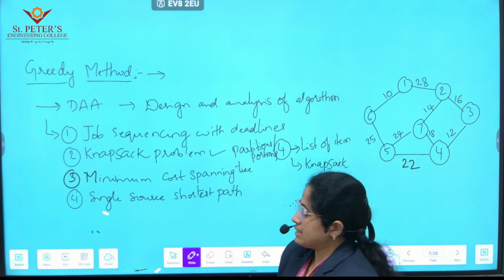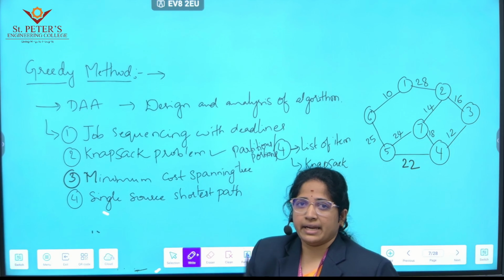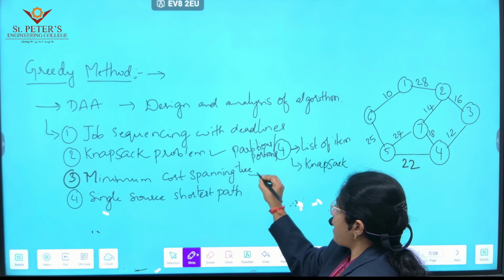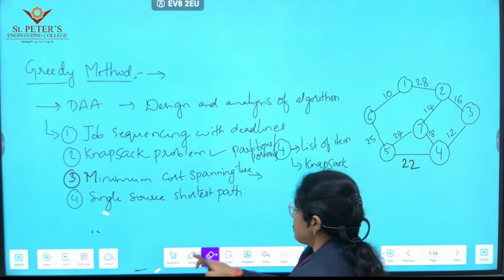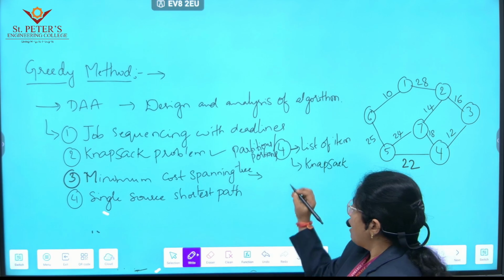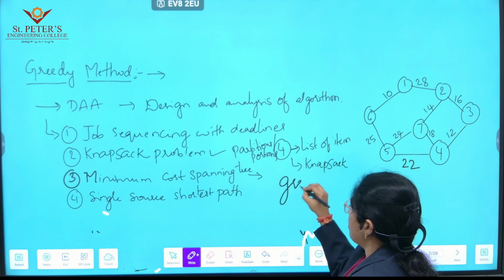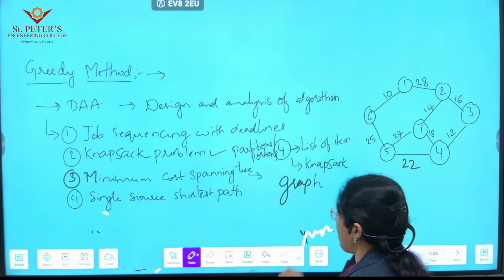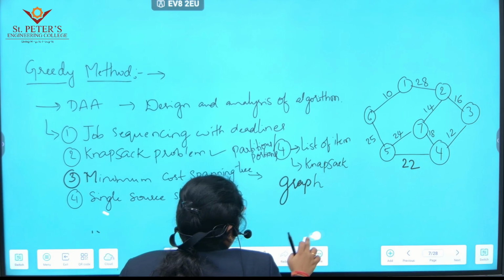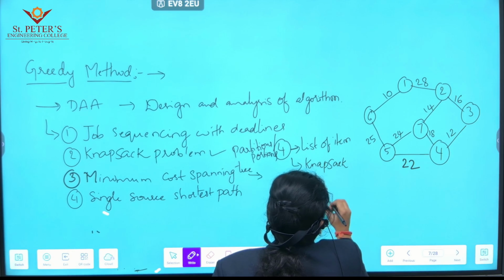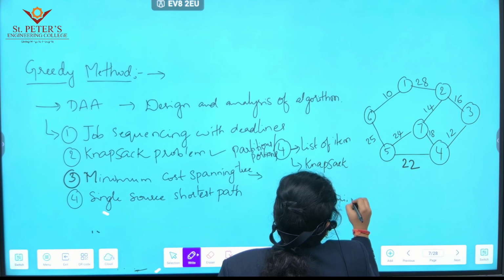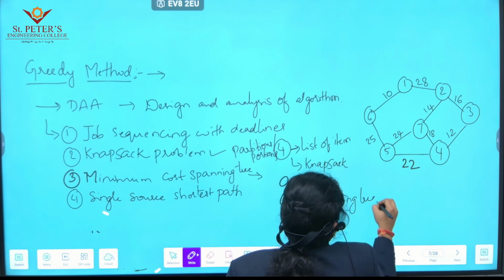And the third one is minimum cost spanning tree. What is meant by a spanning tree? We will consider a graph, the original graph, where we will try to find a solution with the minimum cost.